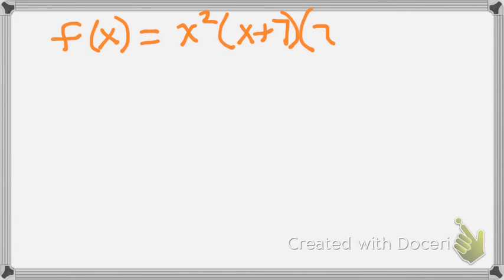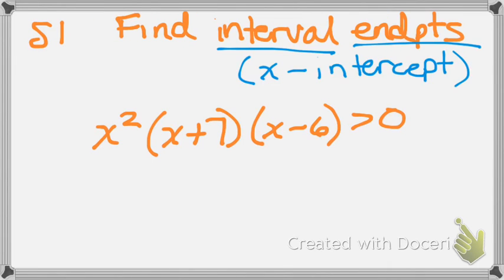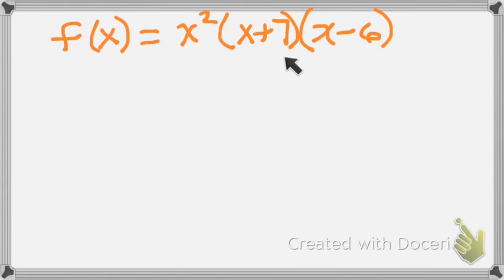F of x is equal to x squared times x plus 7 times x minus 6. Okay? So asking you to find interval endpoints for this is the same as asking you to find the x-intercepts of this. Does that make sense?